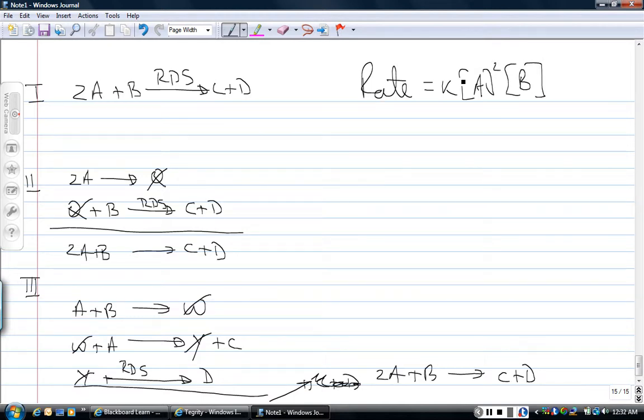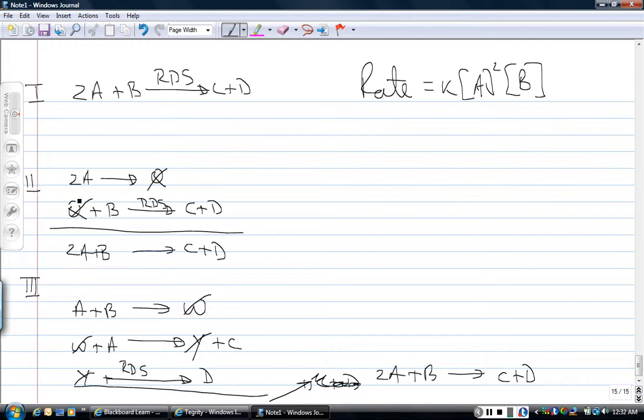So it says that 2A's and 1B are involved in the reaction up to and including the RDS.